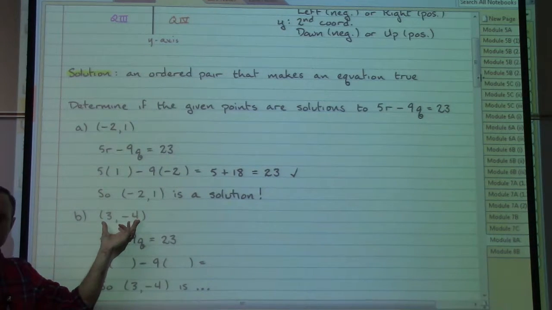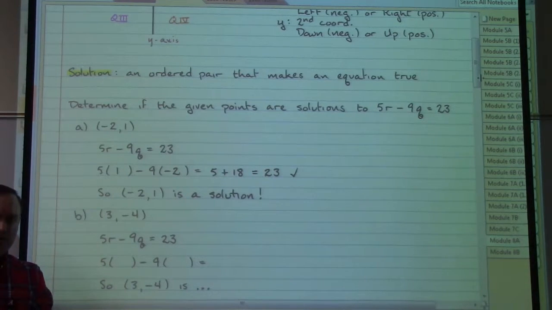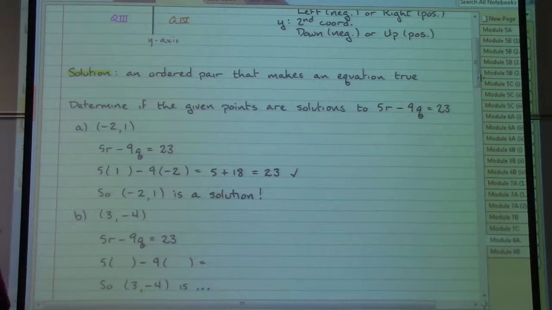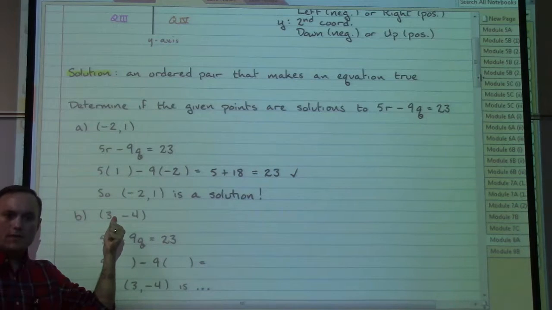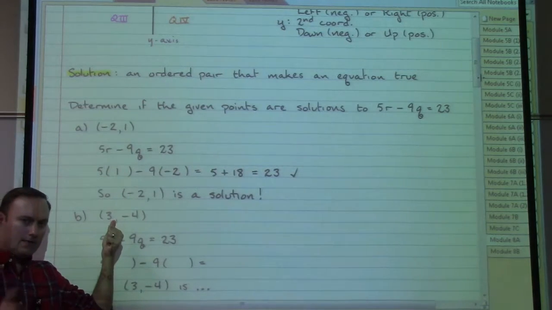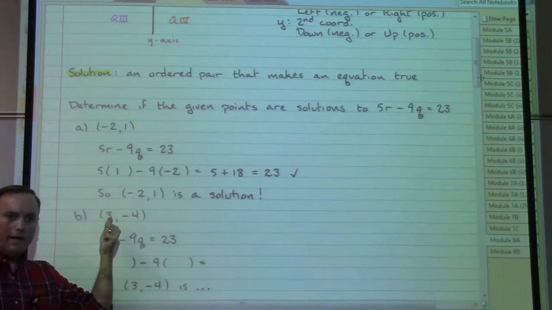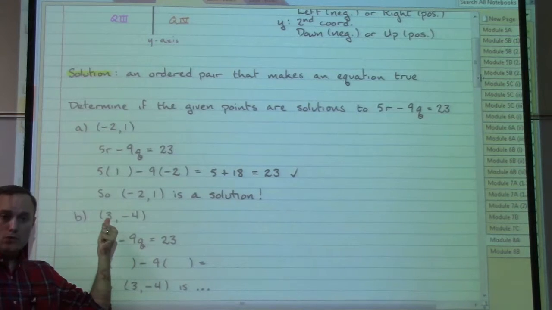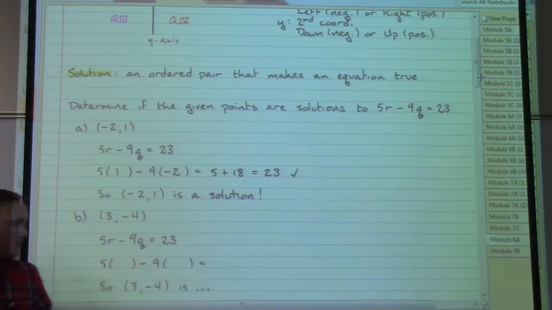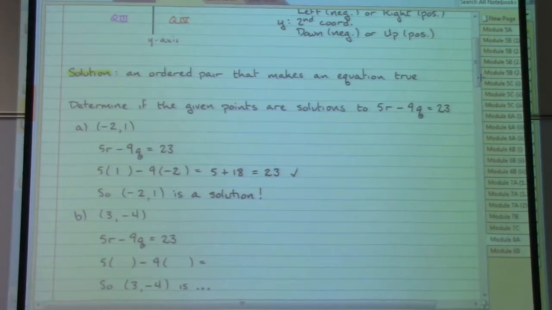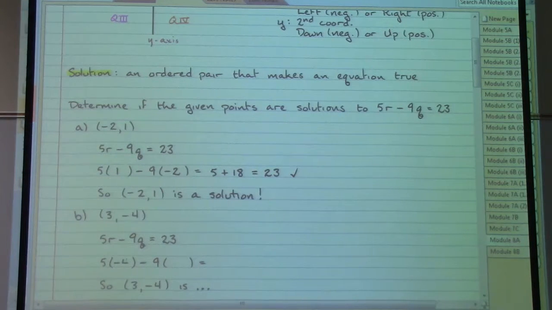Despite the fact that we have a different pair, the order of that pair still matches up with our variables. So the first number in our pair corresponds to the first variable letter as it comes alphabetically. So alphabetically, the first letter, still the Q. So the 3 goes in place of the Q, and the negative 4 goes in place of the R.